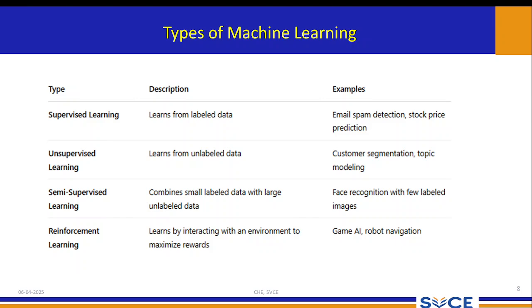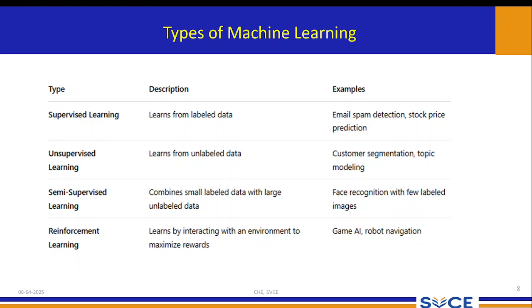An example of supervised learning is email spam detection. In Gmail, you can see spam emails; it identifies the spam mail and segregates it. Examples of unsupervised learning are customer segmentation and topic modeling.